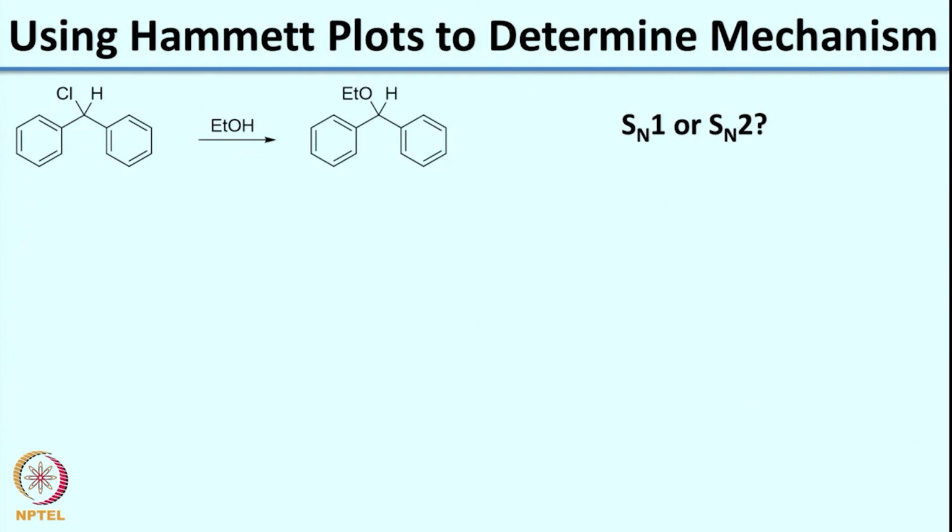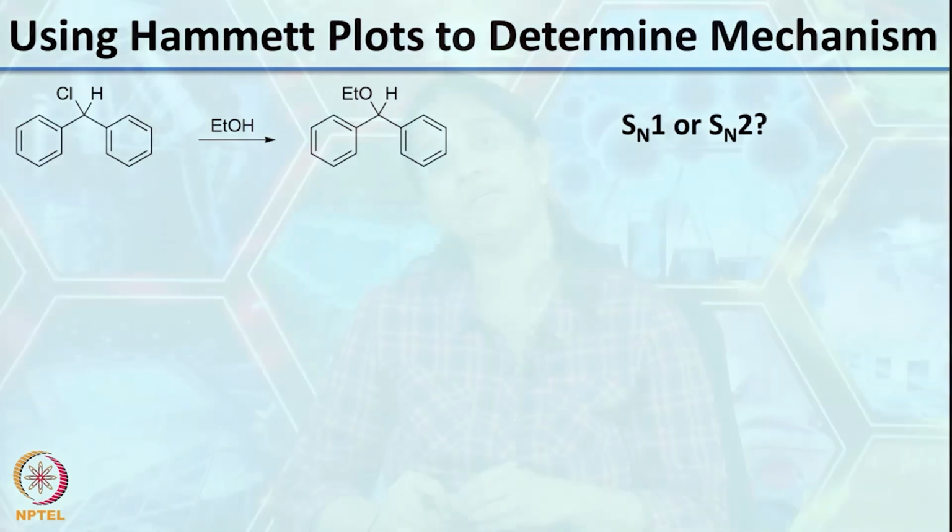In the earlier slide it was between generation of a tertiary carbocation versus primary carbocation for an SN1 reaction. In this case you are talking about generation of a secondary carbocation. So, it can go either by an SN1 or an SN2 reaction. So, can you use Hammett plots to actually determine the mechanism, and how would you do that?